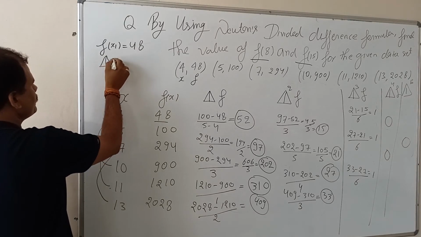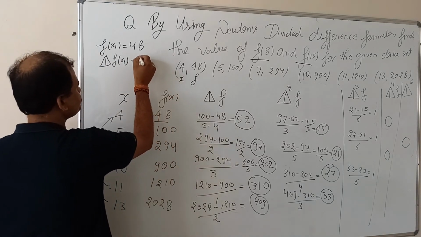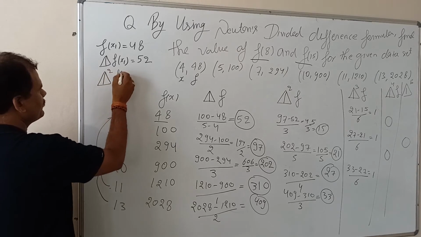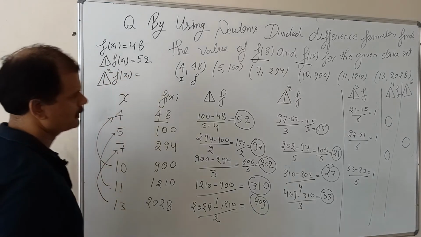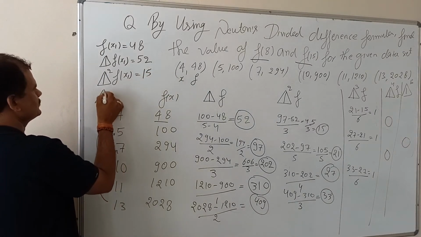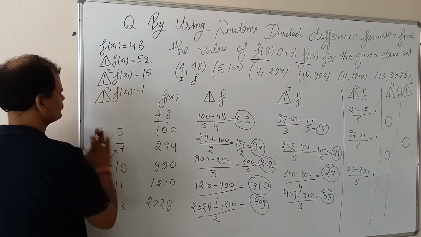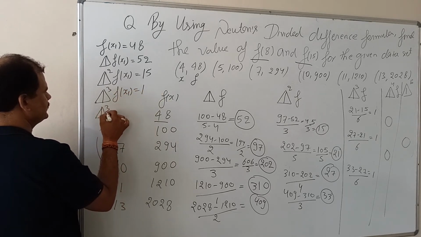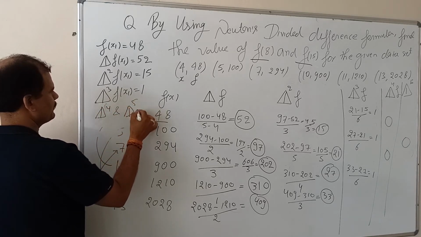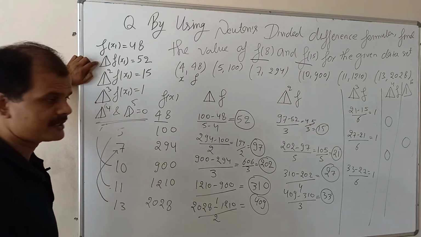Now the divided difference of f at x1 is 52, del square f at x1 is 15, and del cube f at x1 is 1, and del 4 and del 5 are 0. Fine. So x1 is the reference point here.